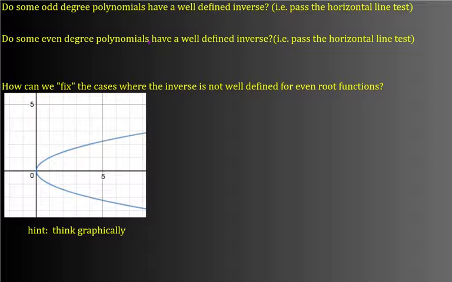So just to start off, I just want to get you thinking about this a little bit. Do some odd degree polynomials have a well-defined inverse, i.e. pass the horizontal line test? And yes, definitely. If you take x cubed, that looks like this, and definitely that passes the horizontal line test.